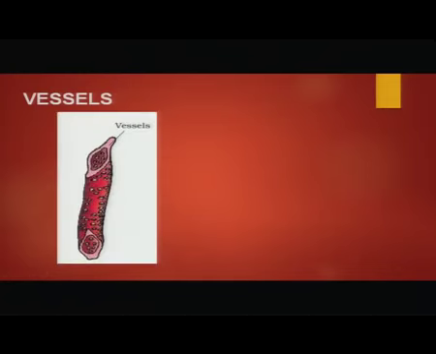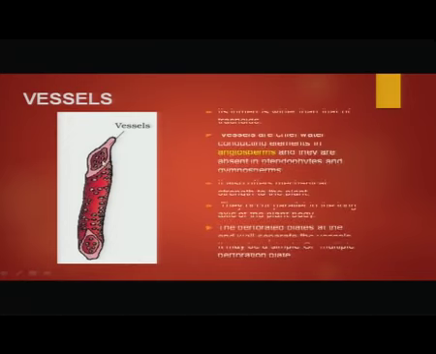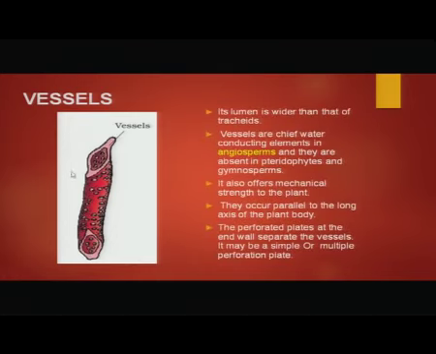Moving on to the next element, that is the xylem vessels. This is a diagram of xylem vessel, and here also you can see there are so many pits, present on the cell wall end also. The lumen is much wider than that of tracheids. Vessels are chief conducting elements in angiosperms.